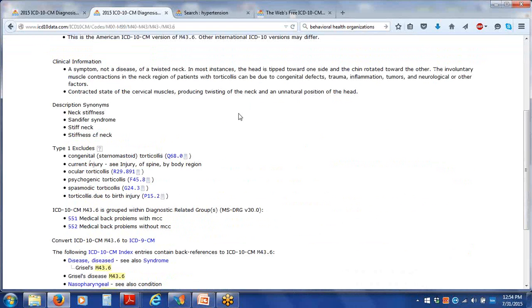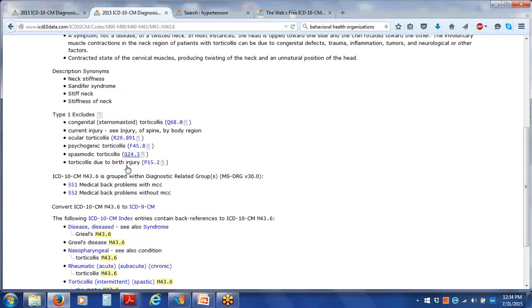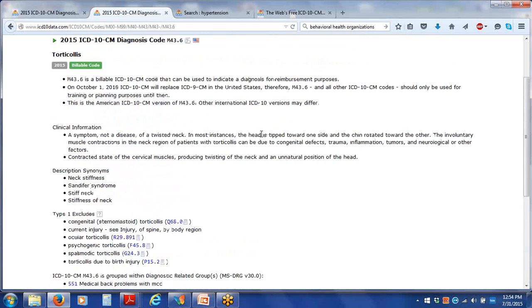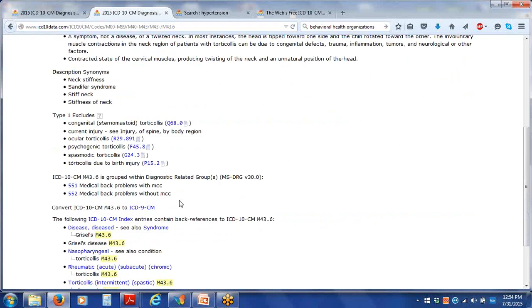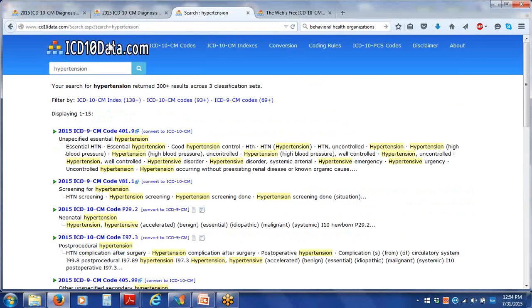Again, it gives me my excludes and my includes. It will give you a lot more, and that this is a symptom, it's not a disease, and sometimes you're going to be diagnosing signs and symptoms. So this just gives you a good example of how to use your mapping software.